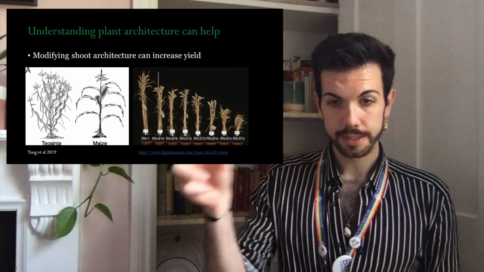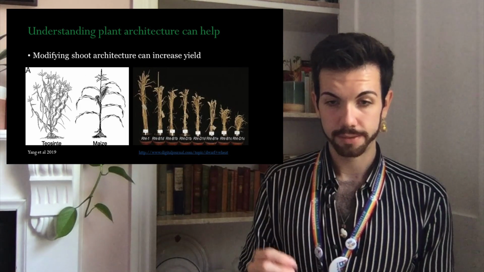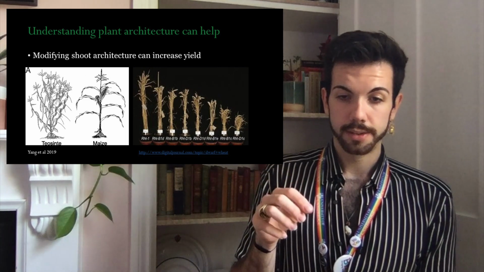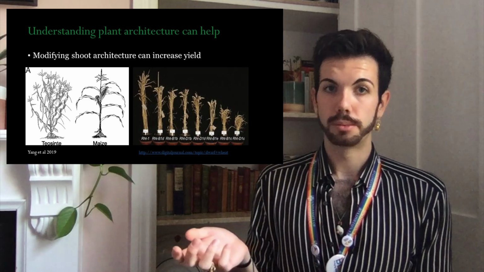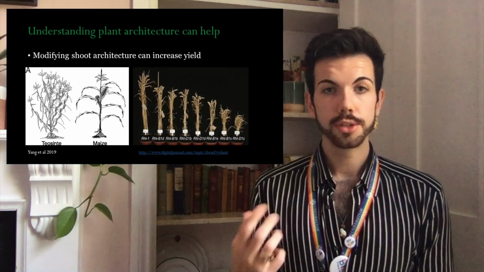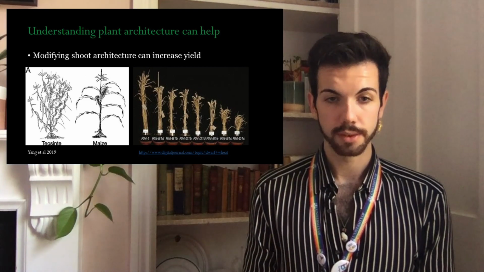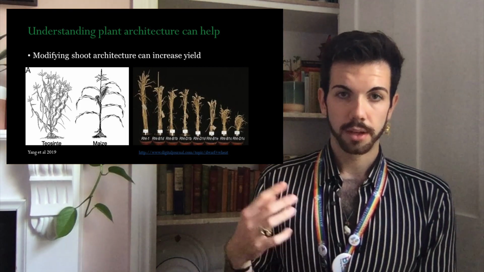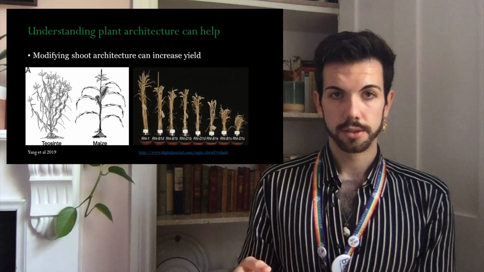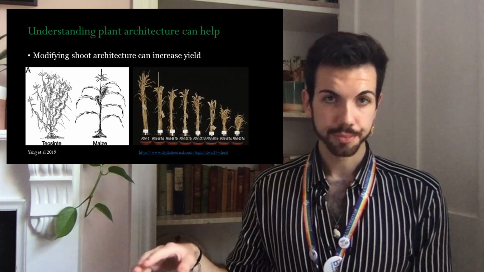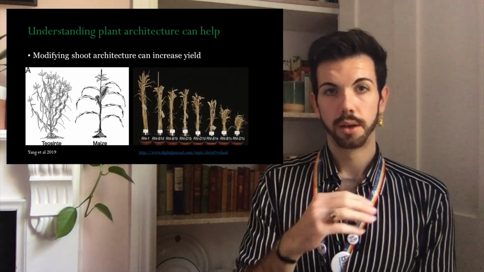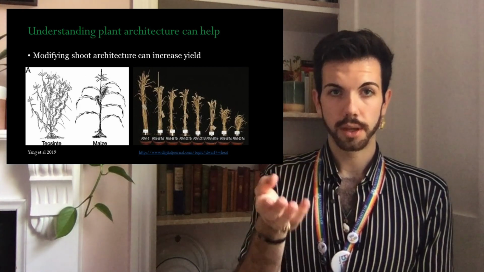And then in this right panel here, we have wheat. This was a development made by a chap called Norman Borlaug, who was hugely significant in something called the Green Revolution in the last century. He bred wheat to become increasingly shorter, which means it's less likely to topple over, which is one way we lose crop.